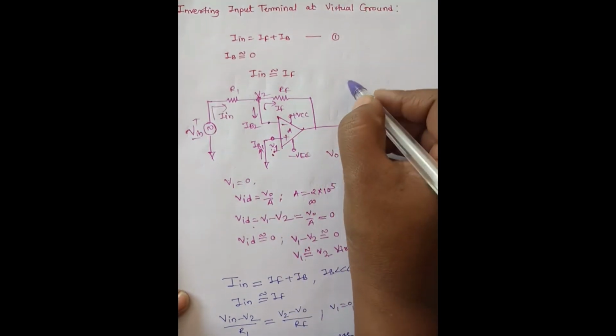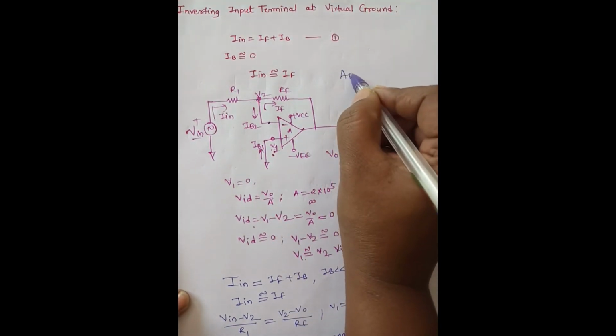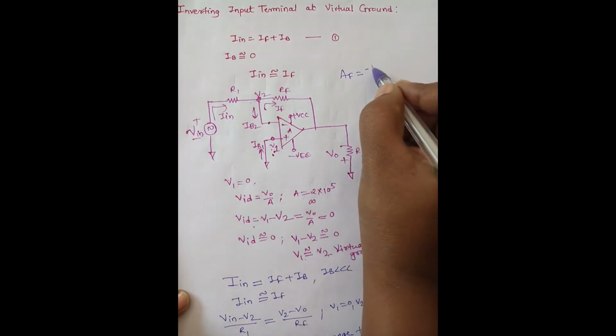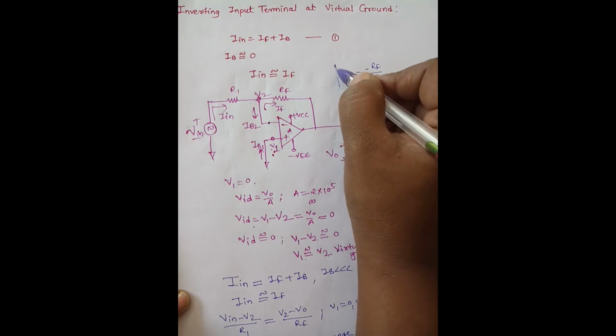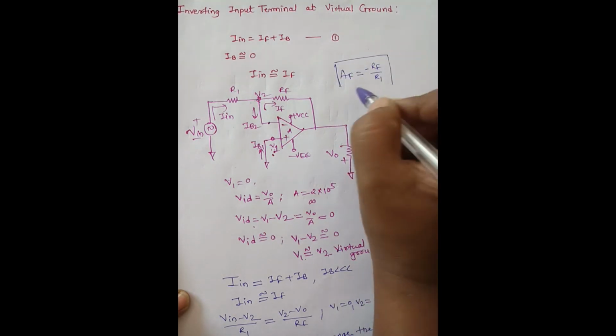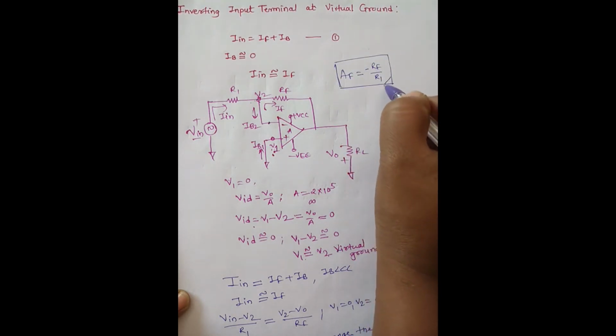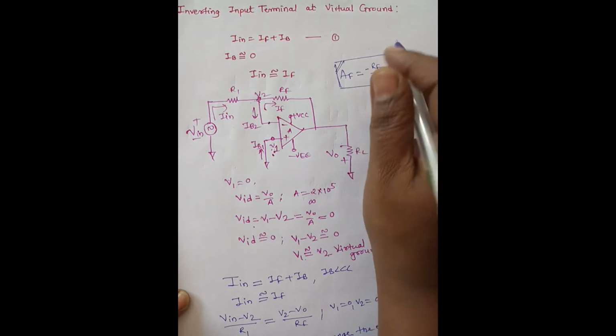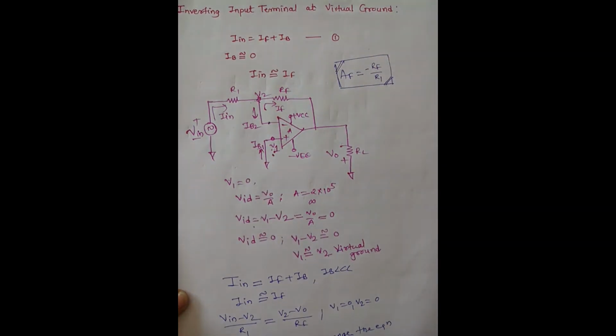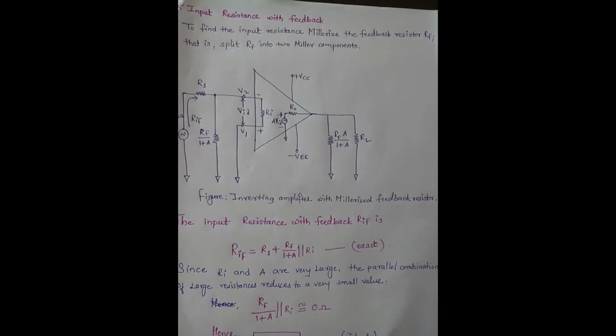From virtual ground what we got is AF equal to minus RF divided by R1, where we can set any small value as a gain for the inverting amplifier, which is not possible with the non-inverting amplifier with feedback. Now for this voltage shunt feedback amplifier we have to derive the input resistance with feedback.